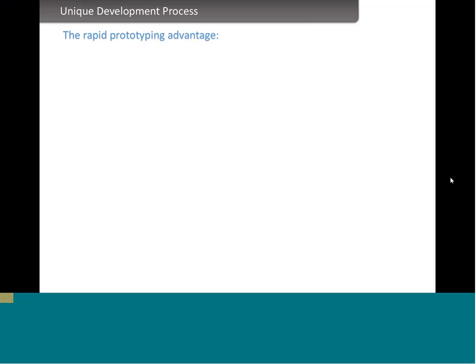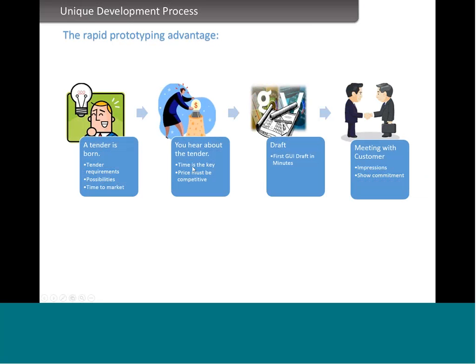The unique development process with 4D Systems is what I call the rapid prototyping advantage. I will go into it now. First of all, there's an idea, and this idea will have some requirements, and then you have some possibilities for what you can do.